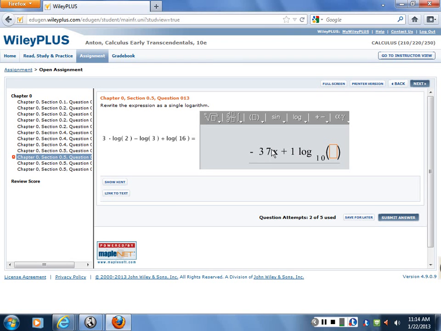It should accept any correct answer. Negative 37x plus 1 would be the exact same thing as 1 minus 37x, so it should accept that. So let me know, and then I can tell Wiley. Wiley just codes it in Maple. They pull your answer and put it in Maple to see if it's correct. So sometimes their coding's off, which is not a huge deal.